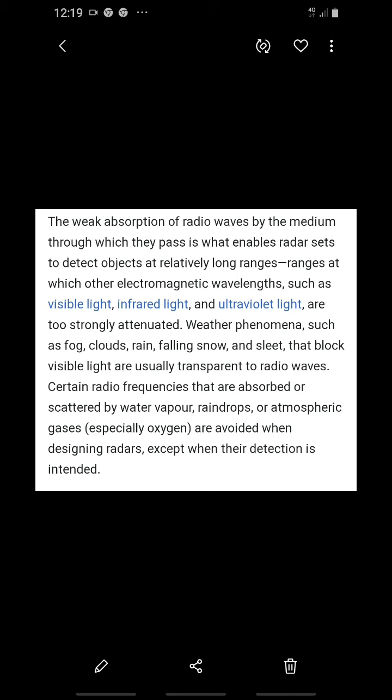Certain radio frequencies that are absorbed or scattered by water vapor, raindrops, or atmospheric gases are avoided when designing radars, except when their detection is intended.